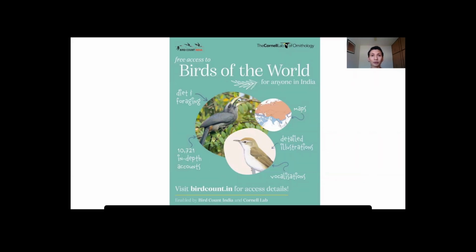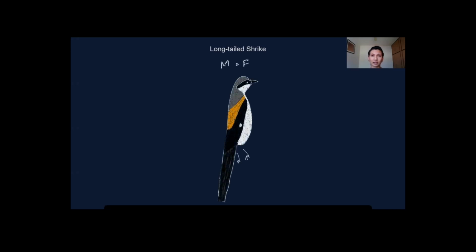But then what? How do you remember all this information? You take a piece of paper and you start putting the information down. You write down the name of the bird, you make a drawing, and to make this drawing, as Apishika has told us, you don't need to be an artist. You just put down the main features of the bird, right?